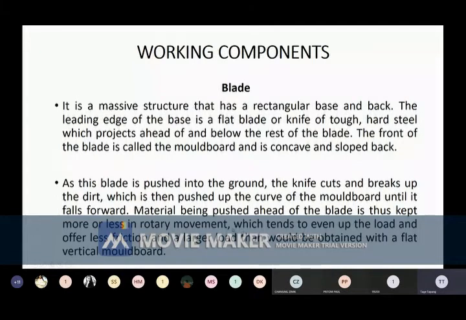Because the moldboard is curved in nature, the movement of the material will be rotary, which tends to even up the load and offer less friction, and a larger load can be pushed than would be obtained with a flat moldboard.